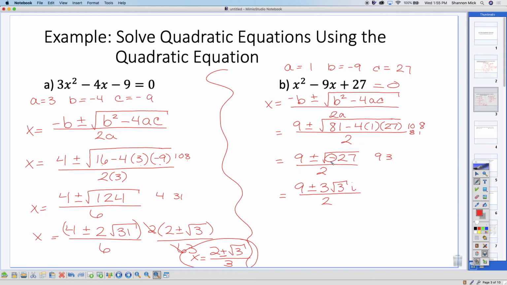So can I leave my answer like this when I have an I there? No, I have to divide it up into real and imaginary, right? Yes.